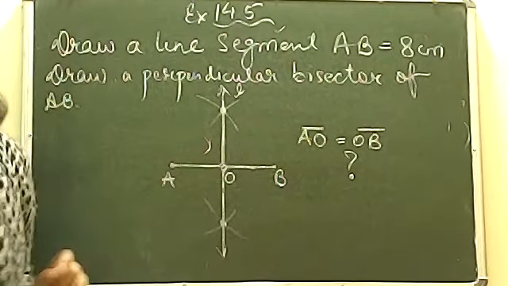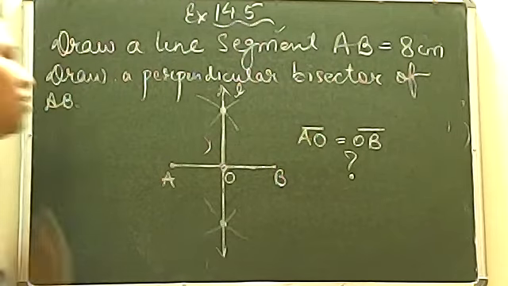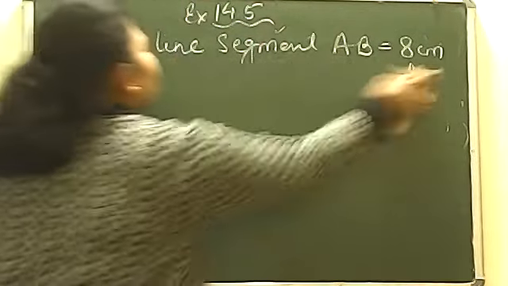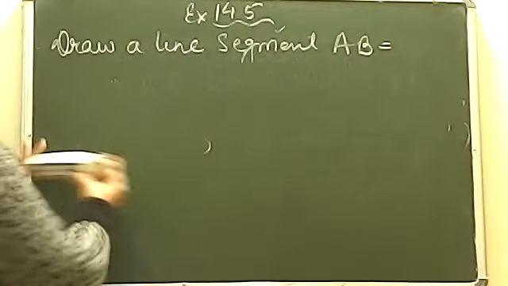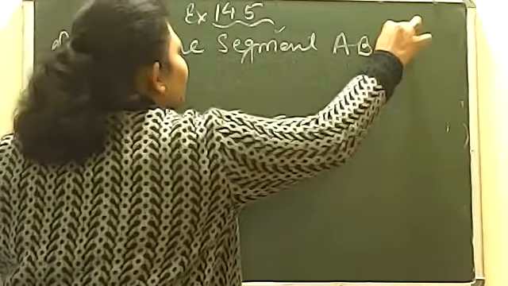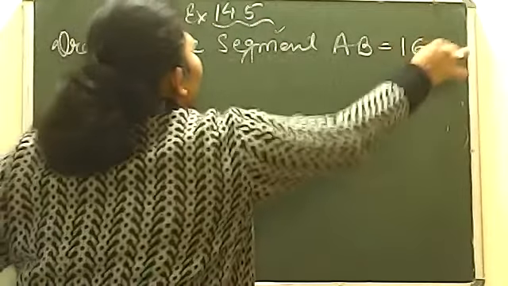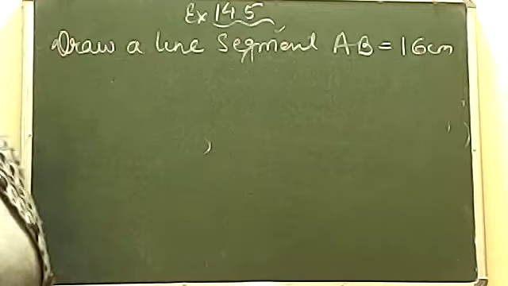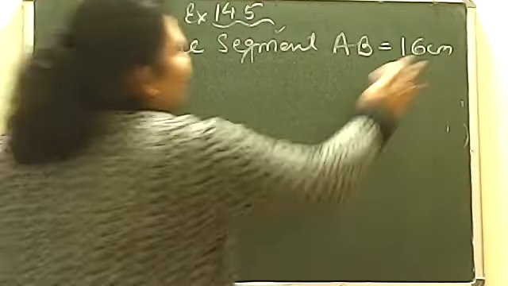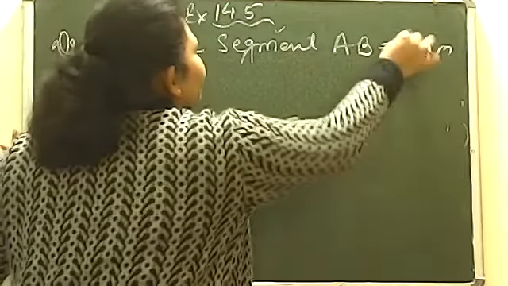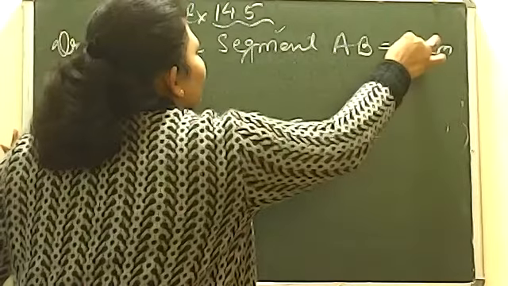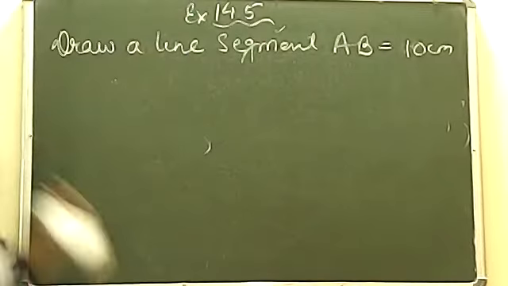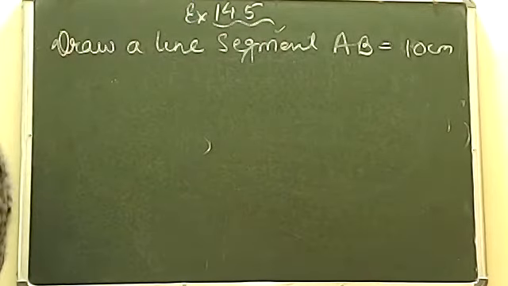Now I am going to start the next question. Now my next question is, draw a line segment AB of 16 centimeter. In your scale 16 centimeter, if it is not there, you can take any other measurement as well. ठीक है, suppose let us take 10 centimeter only.